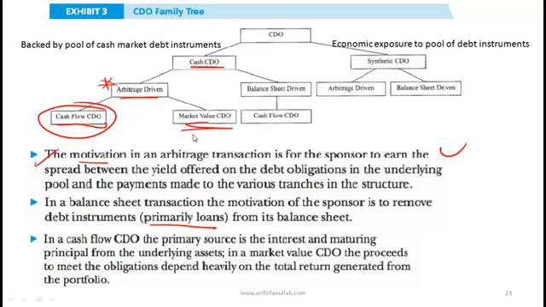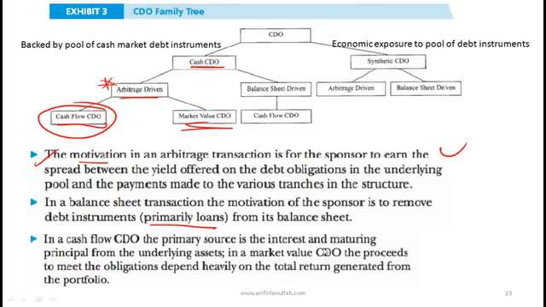So you might buy bonds with high maturities, with the intention of selling them later and realizing a capital gain, because if your view that interest rates are going down comes true, then your return on high duration bonds is going to be good. So the point is, in a market value CDO, you are making a return not just on your coupon payments and interest, you are also making a return based on capital gains.